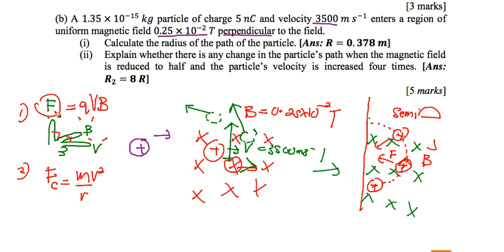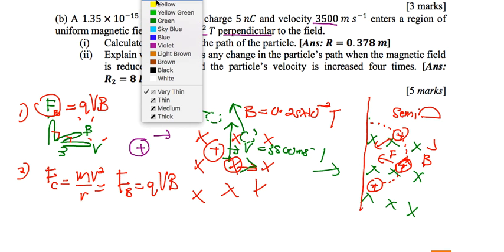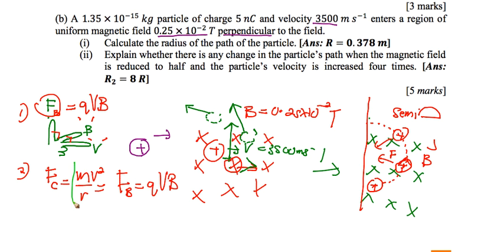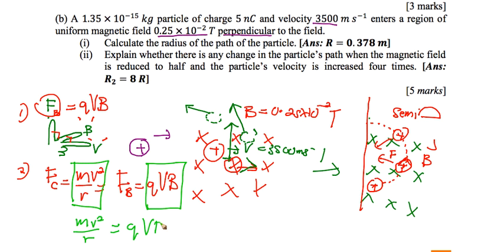The magnetic force Fb is equal to Fc, and Fb is equal to QVB. So mv squared divided by r is equal to QVB.